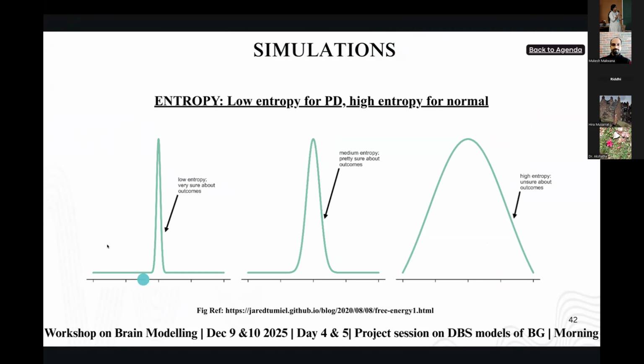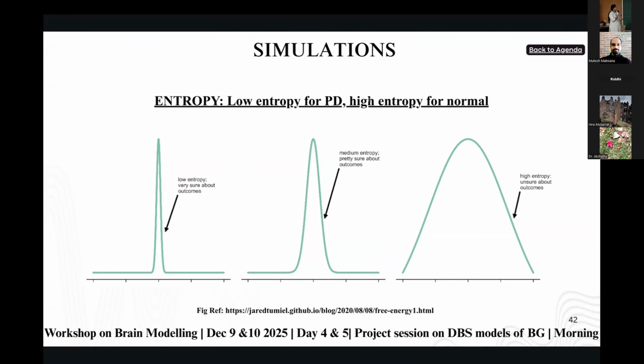It is very periodic. It has very little entropy. Whereas if the frequency spectrum is broad, then we call it high entropy. Now, as I already mentioned, PD people show sharp frequency peaks at beta frequency, so their entropy is lower in general. And under the normal condition, we will see a higher entropy. This is the intuition behind entropy.